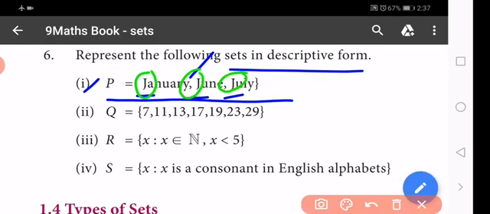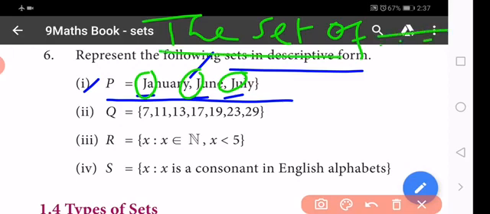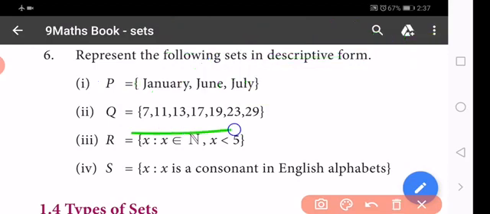In the descriptive form, we use the words starting with "the set of". The set of all English months starting with the letter J. That's all. So look at the second one.